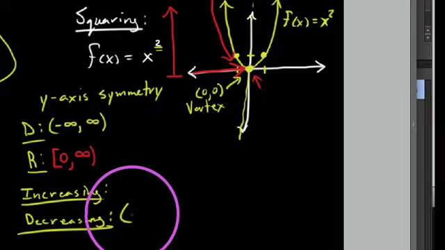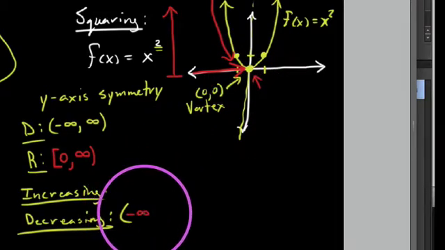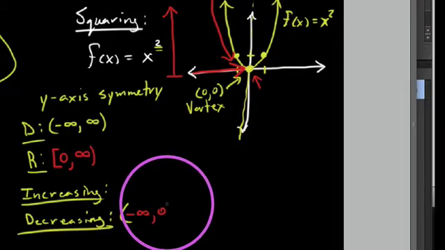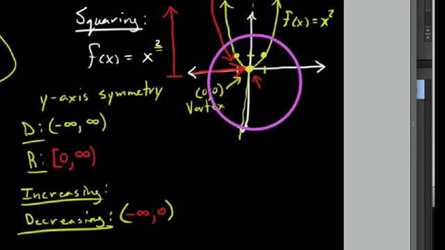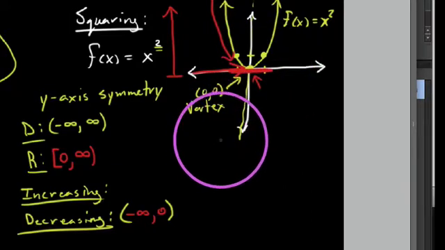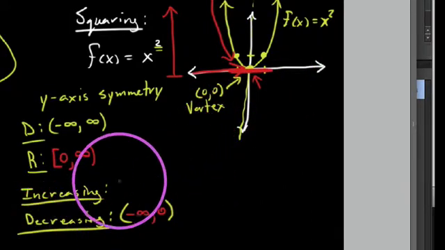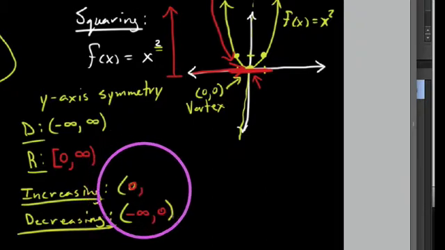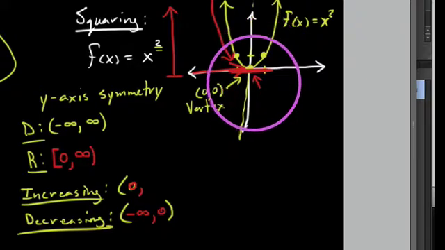So our graph decreases from negative infinity up to, but not including, 0. Because exactly at 0, it has a slope of 0 itself. So that's constant.